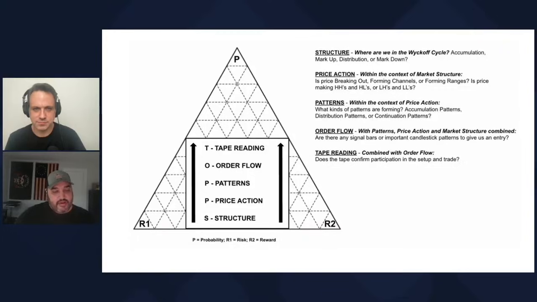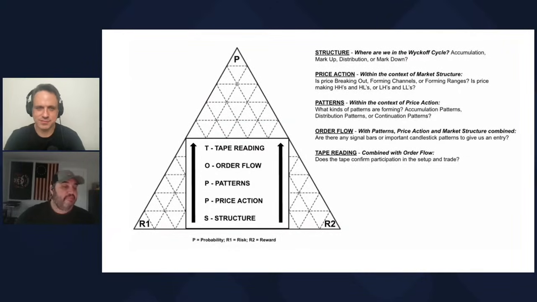Where are the bids at? Where are the offers at? And what does the price look like in terms of that general structure and market cycle that we just discussed? And then we look for patterns within that structure, and we look at the order flow.